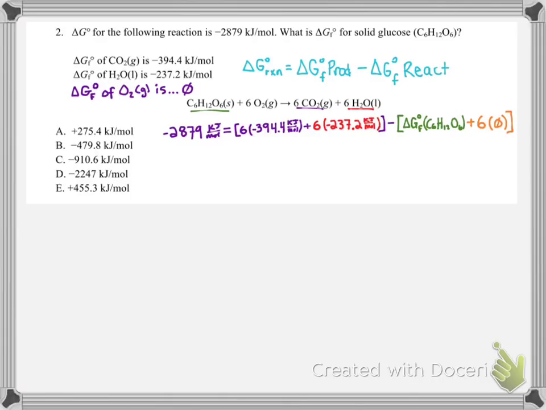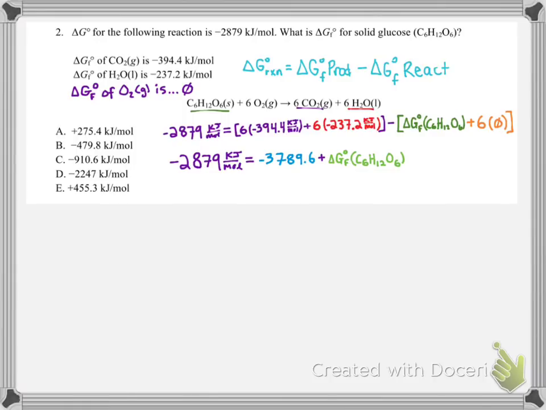So, let's solve for our delta G standard formation of glucose. So we have the delta G standard change of the reaction, negative 2,879 kilojoules per mole, equals negative 3,789.6 kilojoules per mole. Sorry, I should have put the units in there. Plus the delta G standard formation of the glucose, which we're solving for.